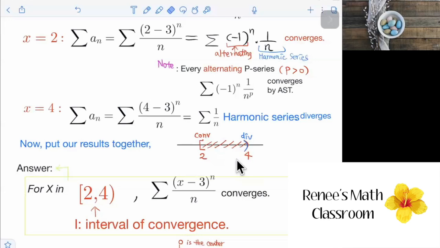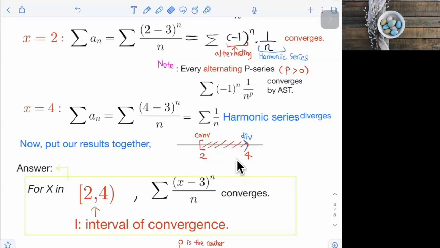So the steps that you do here: you first find the two ends by setting L equals 1. And then the inside converges absolutely, outside diverges. Then you test the two ends. You substitute x equals 2, substitute x equals 4 in it, and then see if it converges or diverges. If it converges, we include the end. If it diverges, we exclude the end.